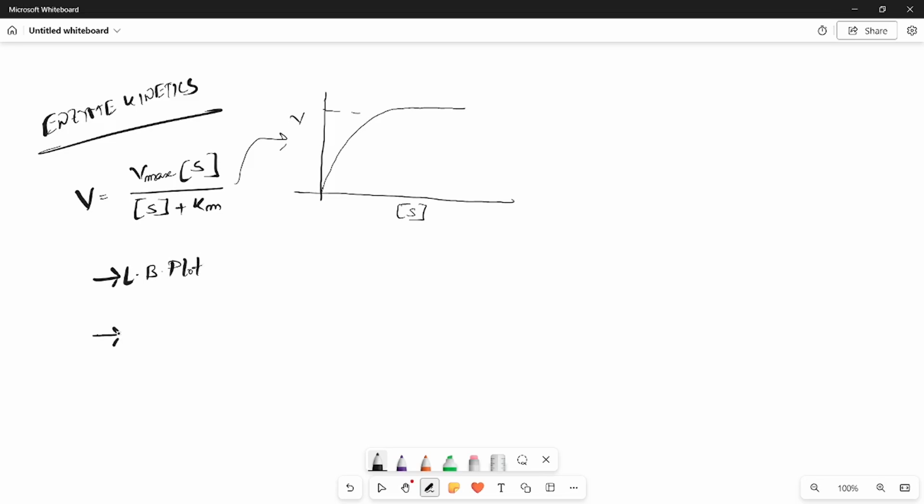The second one is called the Hanes-Woolf plot. And the third one is called the Eadie-Hofstee plot. The Lineweaver-Burk plot is also called the double-reciprocal plot.